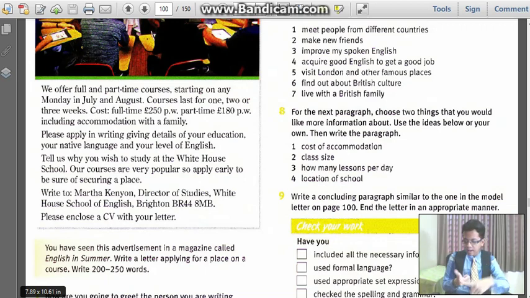Opening, then introducing a little bit about yourself, what school you are going to, your age, and the reason why you want to study at the school this time, White House School of English. Paragraph 4 will be some questions that you want to ask the school, and in 5 you tell them what you are sending with your letter. Okay, so that is a little bit about the structure of these paragraphs.